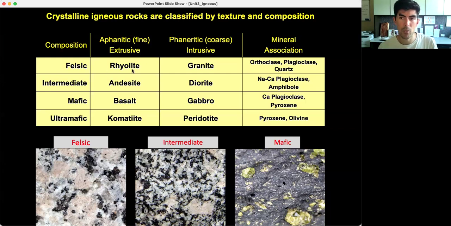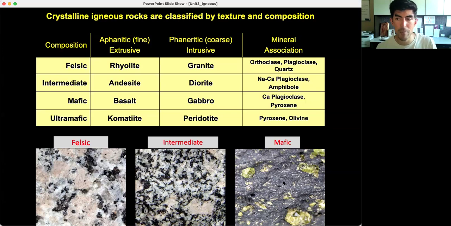So for this one, we have rhyolite. This is a felsic composition that was erupted as a lava. Rhyolite is the name that we give to that. If, however, that magma remained inside the earth and never erupted onto the surface, it would crystallize and cool down to have a phaneritic texture, very large minerals, through the intrusive magma chamber, and that would form a granite.